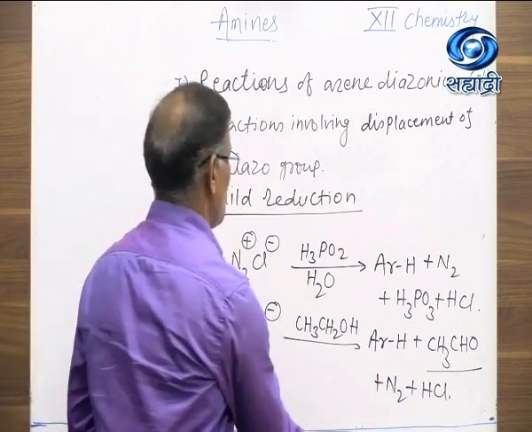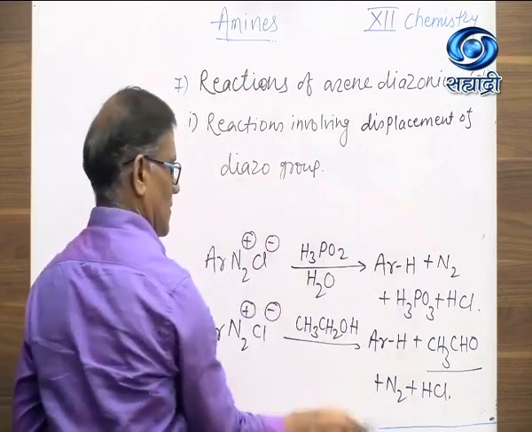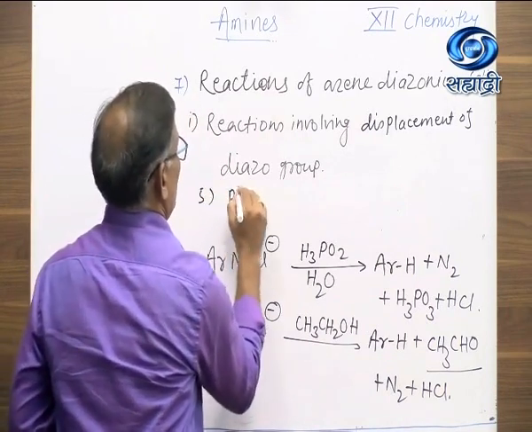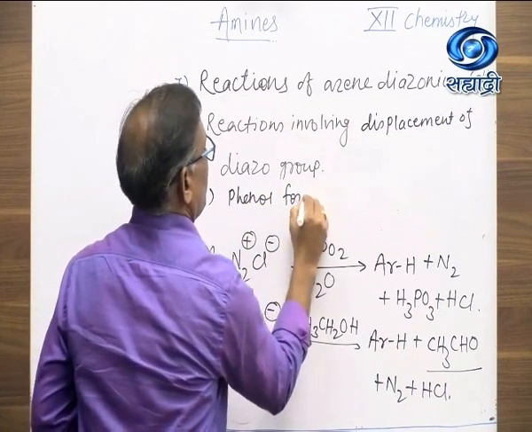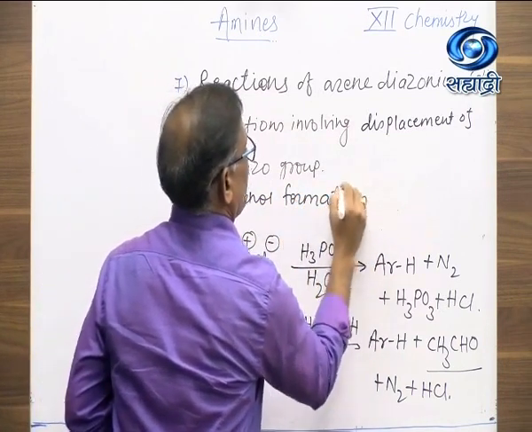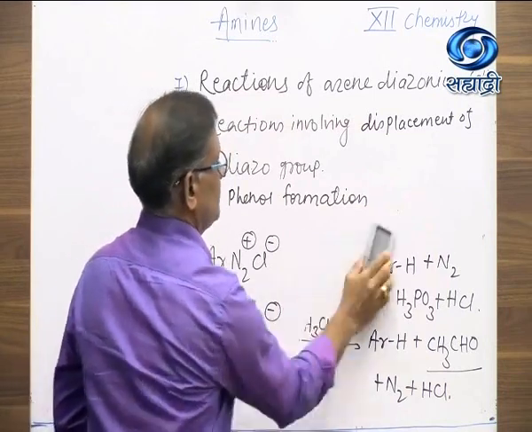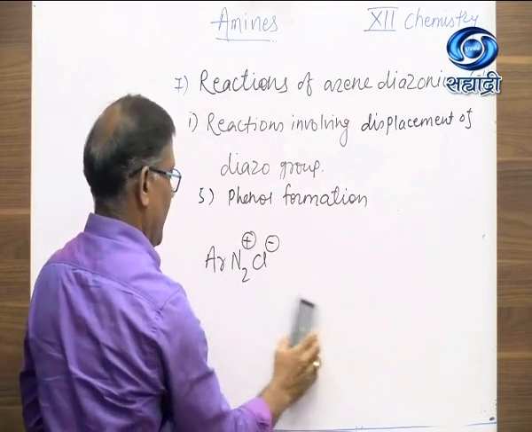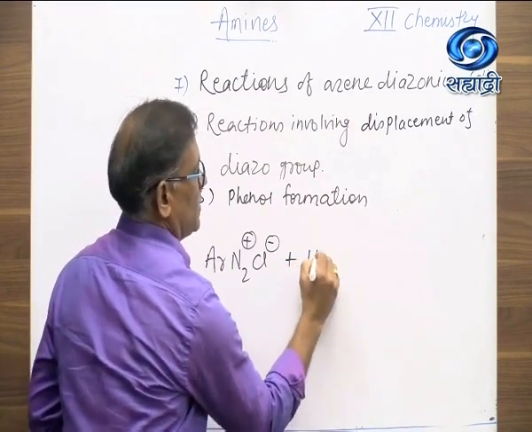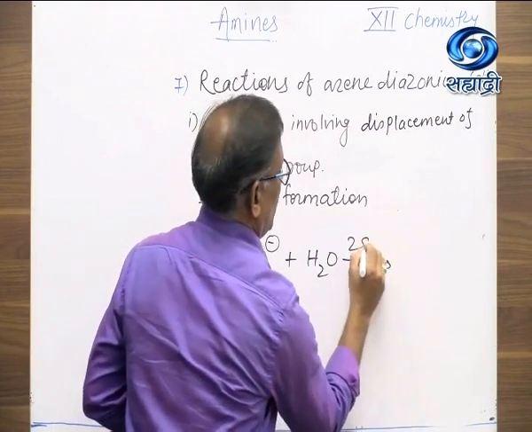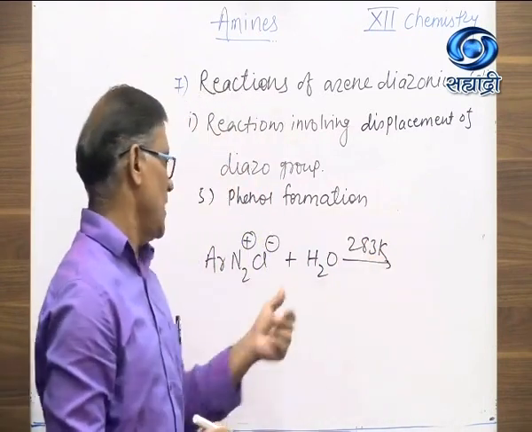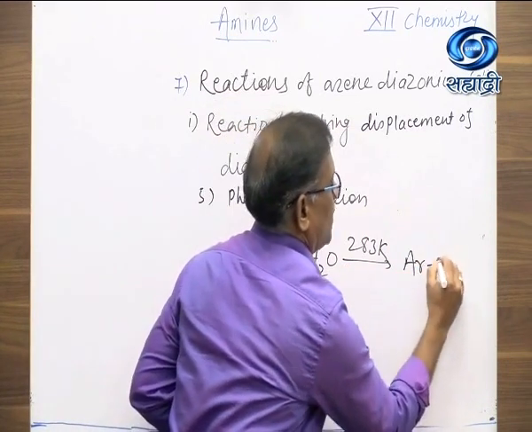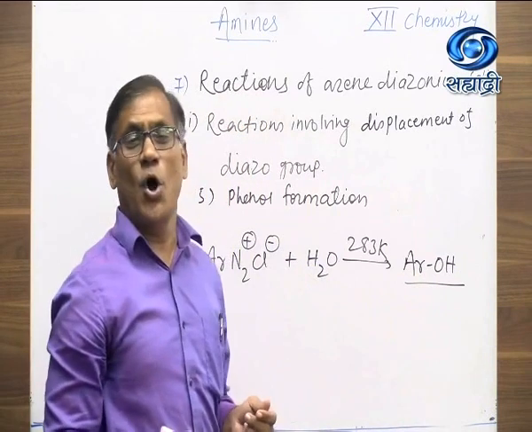Okay. Now the last reaction is phenol formation, which comes under displacement of diazo group. In this reaction, this aryl diazonium chloride is treated with water at 283 Kelvin temperature, so that hydroxyl group from water combines with Ar to form ArOH, and ArOH is nothing but phenol.